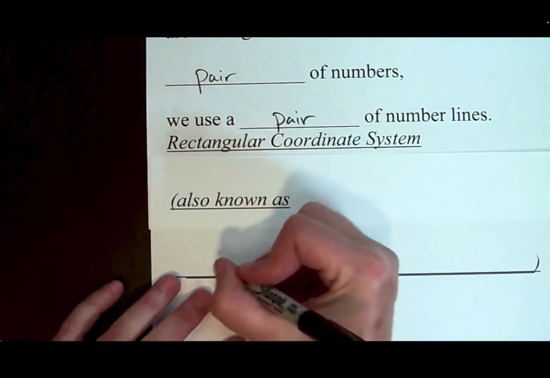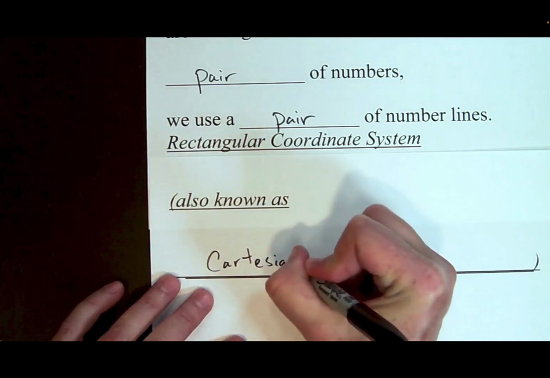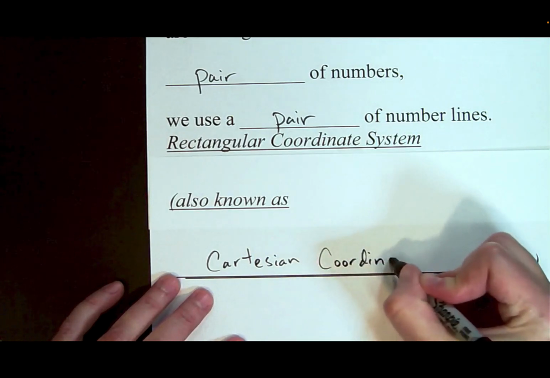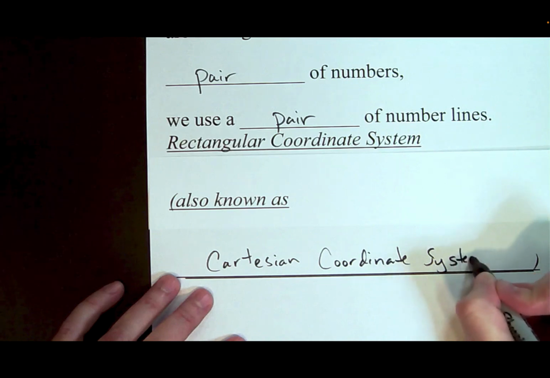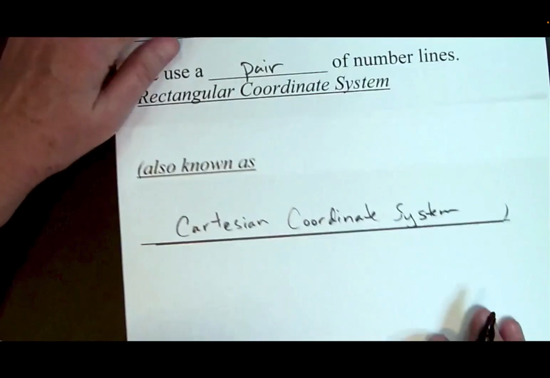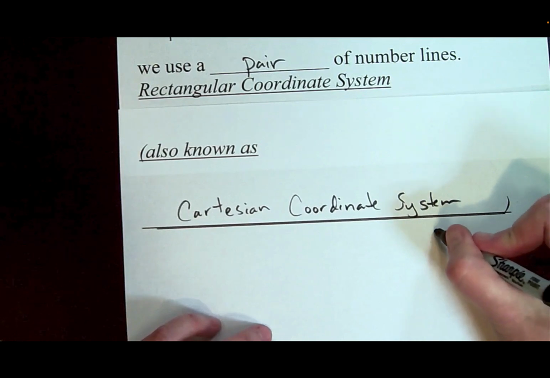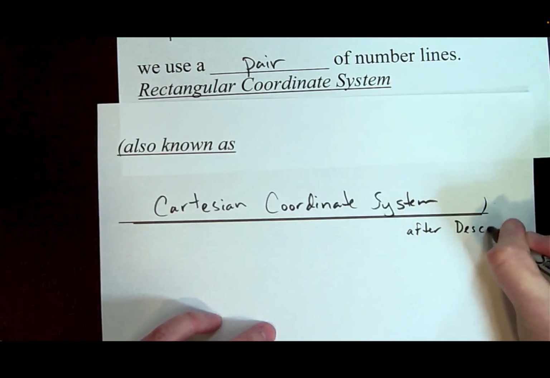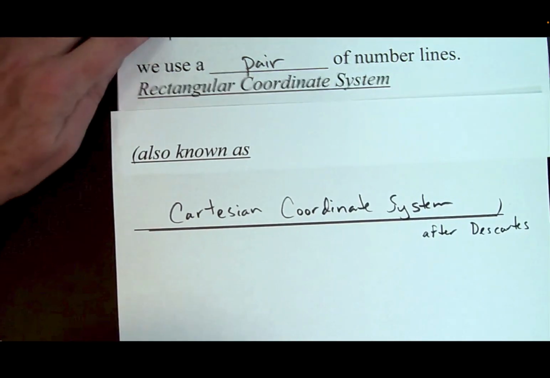It's also, by the way, known as the Cartesian coordinate system after its inventor, the guy who's reputed to have invented it, René Descartes, who you may run into in non-math classes as well.